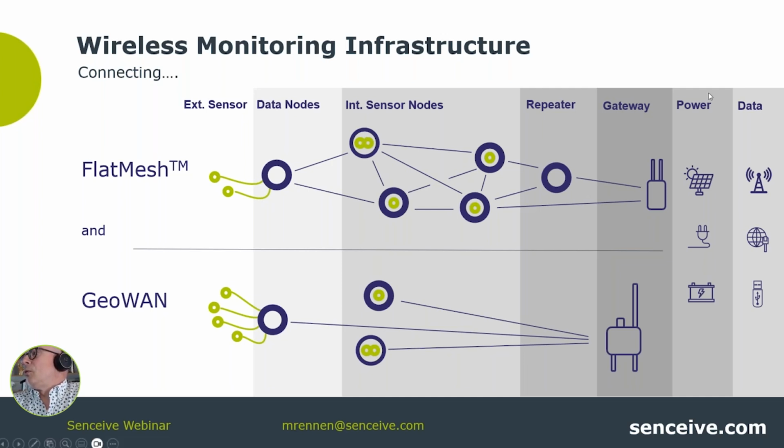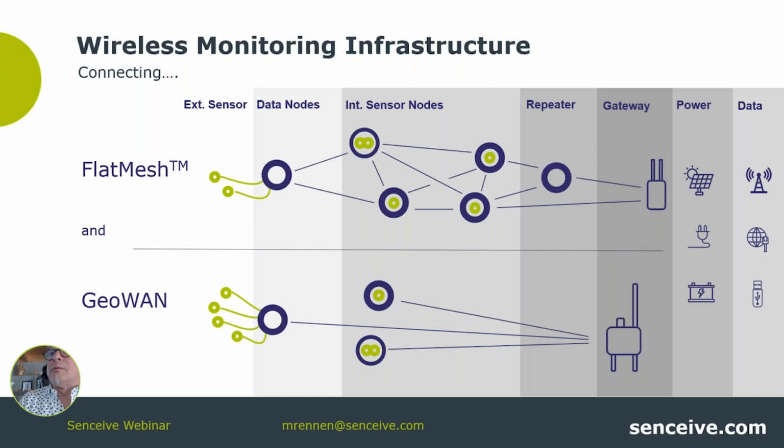But we can also connect nodes to external sensors, and then they communicate in the same manner as the internal sensor nodes. That means we have a large variety of parameters we can observe with these kinds of systems.